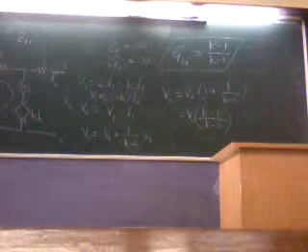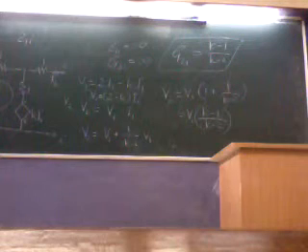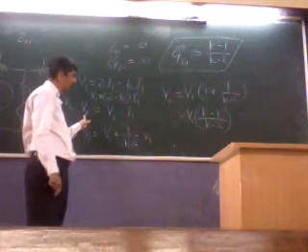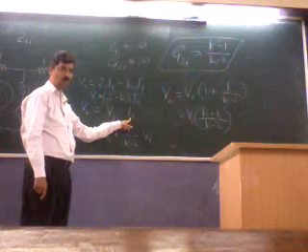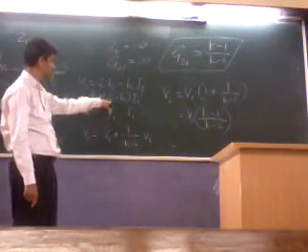And for Z21, what are you going to do? You want V2 in terms of I1. So in place of V1 you should put this.